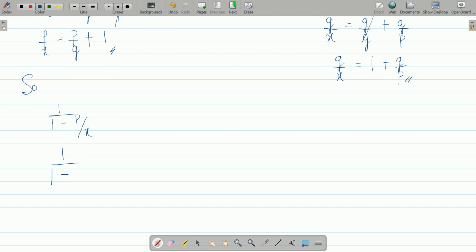We then substitute the value of p over x into this expression.